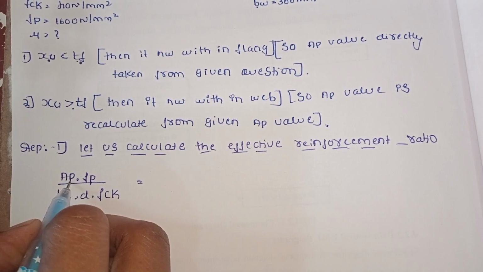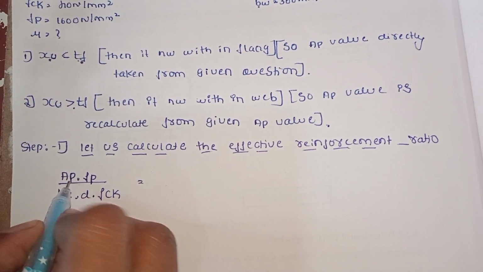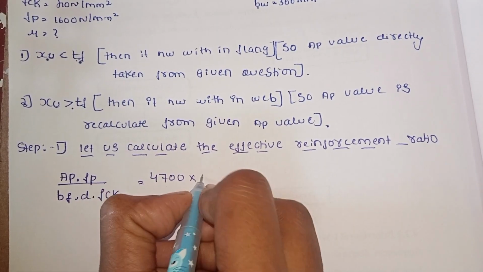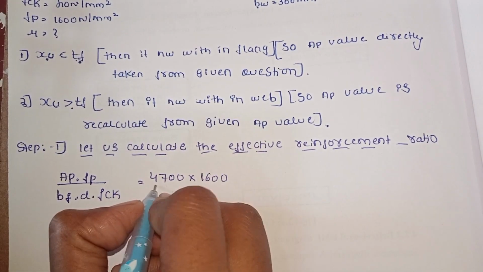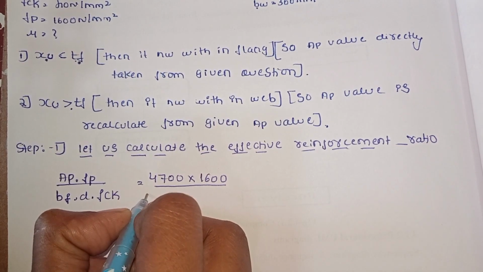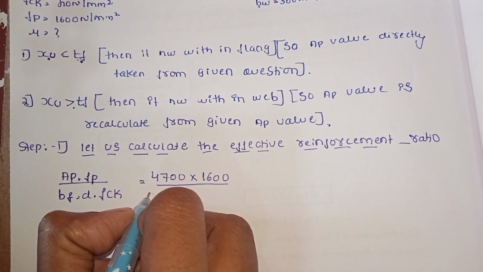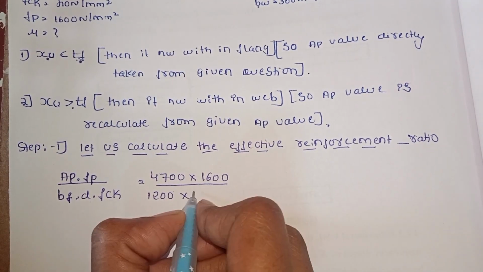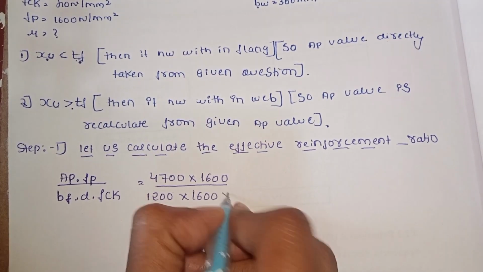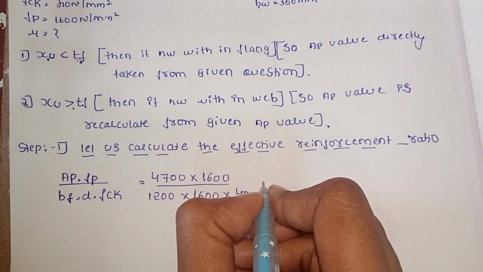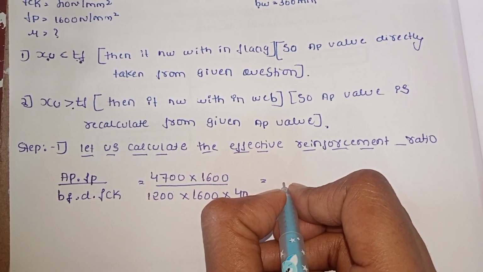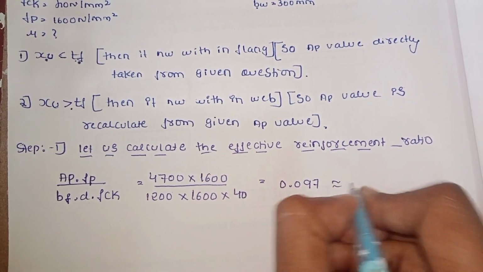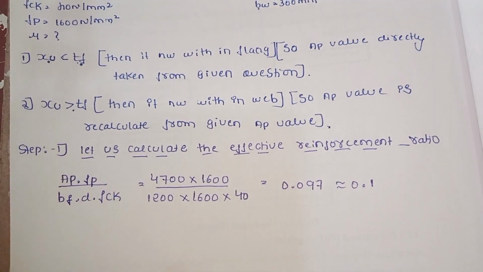AP value is given in the question, 4700, into FP is 1600, divided by BF, the width of the flange, 1200, into D, the effective depth, 1600, and FCK value is 40. We got the answer as 0.097 and it is assumed as 0.1.